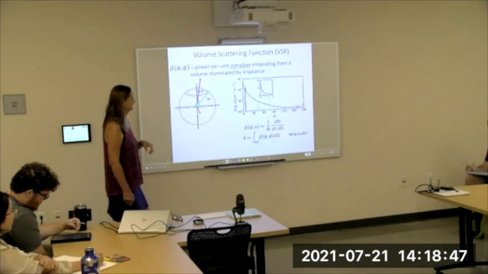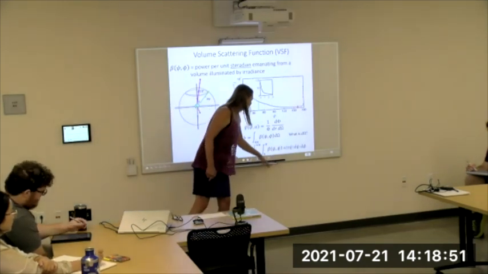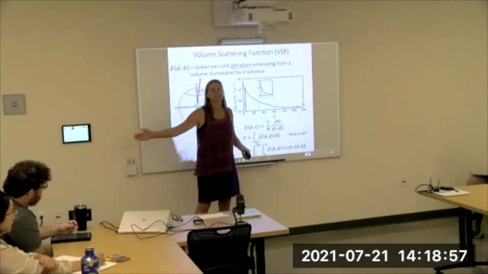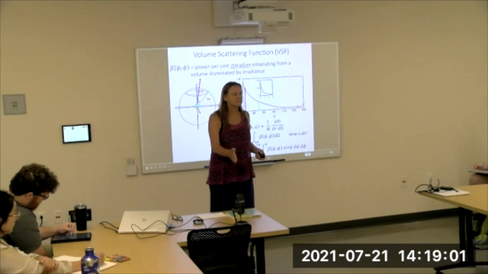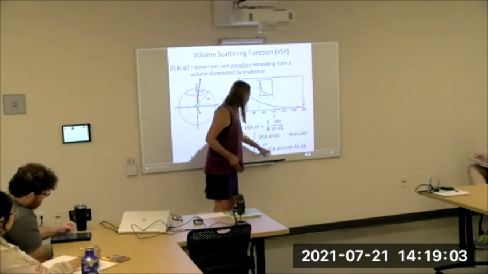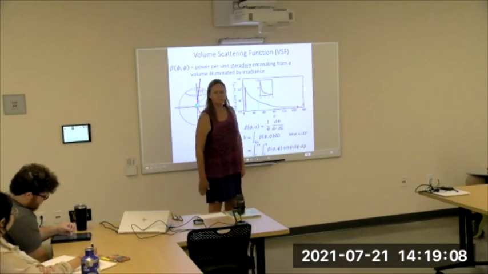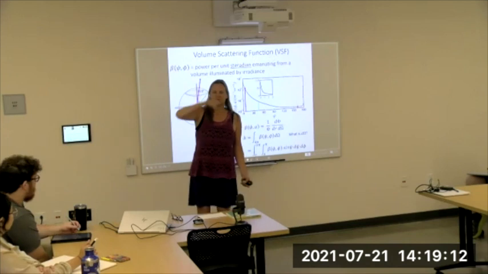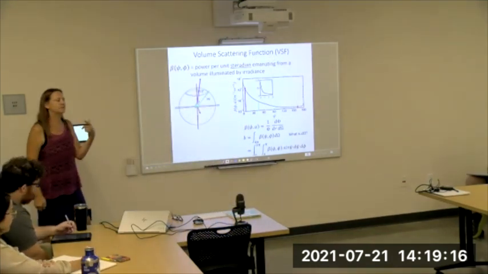So we integrate over the azimuth angle, 0 to 2 pi, and over the polar angle, 0 to pi. That gets you the whole sphere.